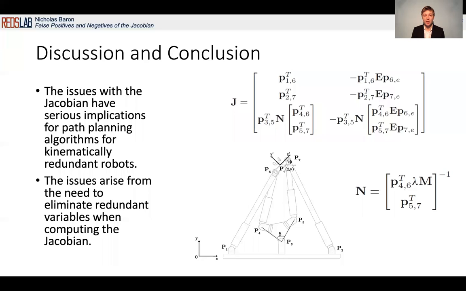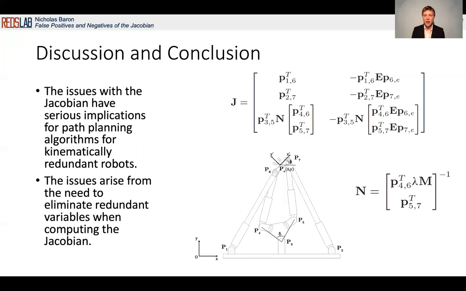Going back to the Jacobian of the first planar mechanism, the method of computing the third row of the Jacobian is to compute this matrix inverse, which is given by the value N. The false positive case of the singularity shown earlier actually occurred because this submatrix N itself became singular in the configuration, which caused the Jacobian to say we're in a singularity.